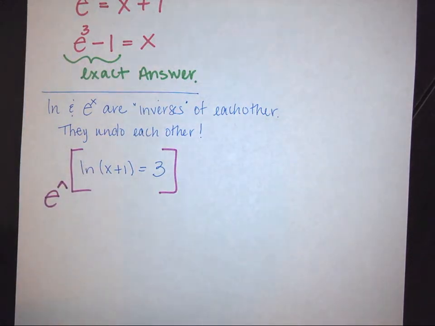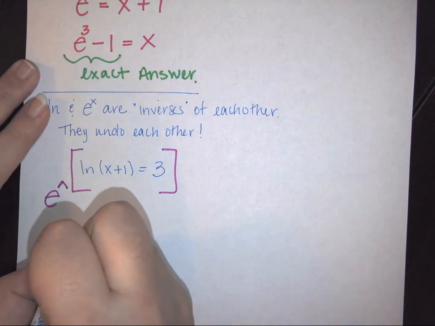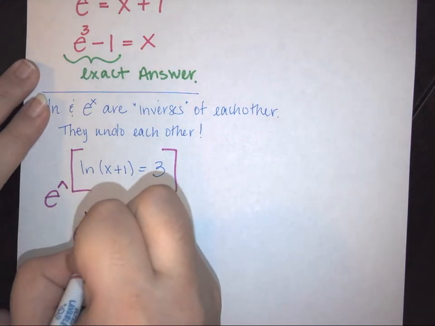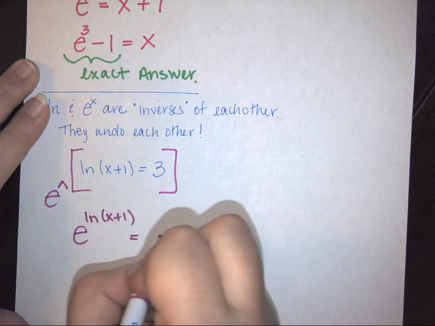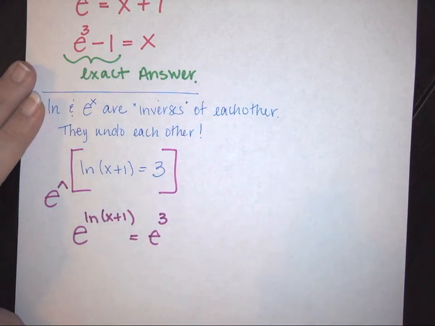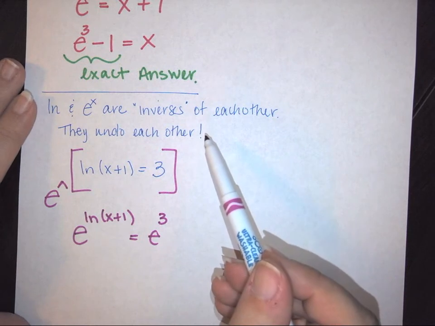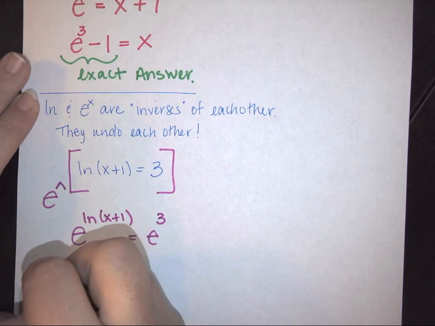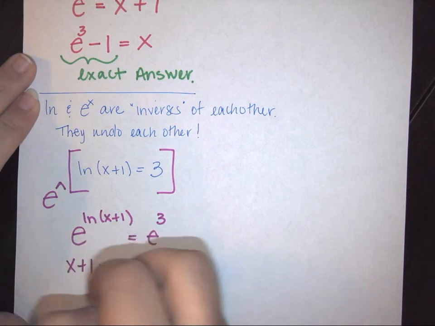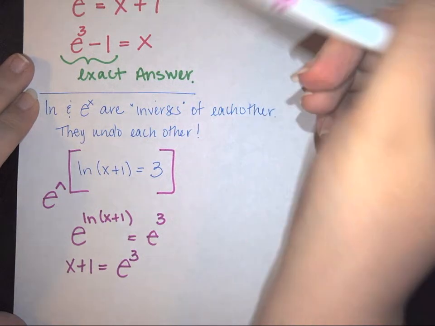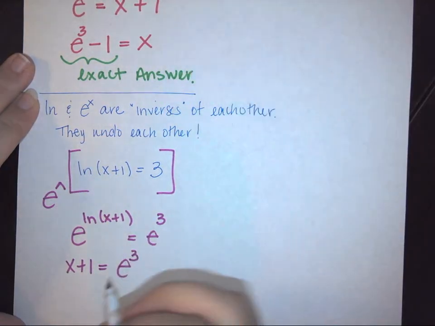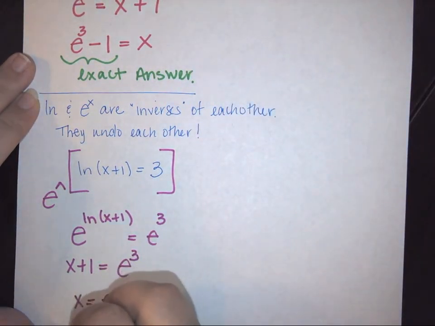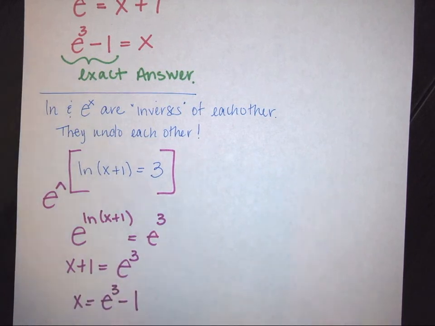And what that's going to do is change this into e to the natural log of x plus 1 equals e to the 3. Well, we just said natural logs and e's undo each other, so e to the natural log goes away, leaving me with x plus 1 equals e to the 3, which is what we just had up here. So then we end up getting that x is equal to e to the 3 minus 1. Same exact result, just a different way to approach it.